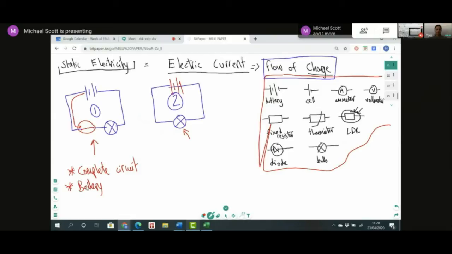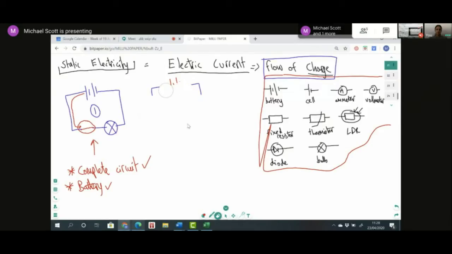So in order for current to flow, or for this charge to flow, you must have a complete circuit and you must have a battery. What we're going to spend the rest of this lesson on is taking a look at the different types of circuit.